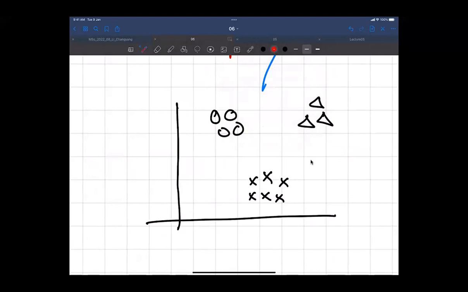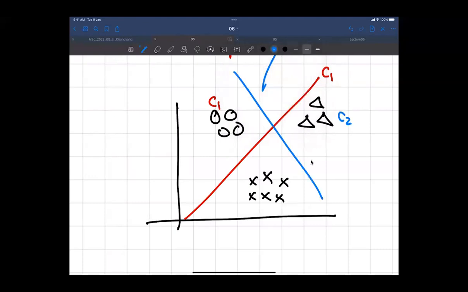One against all means that if it is class 1, for example, then you try to have a separator that separates class 1 against other classes. Doesn't matter how many classes you have. In this case, it's just 2 basically, right? It becomes 2 problems. But aside from this C1 separator, for class 2, you also need to have C2.